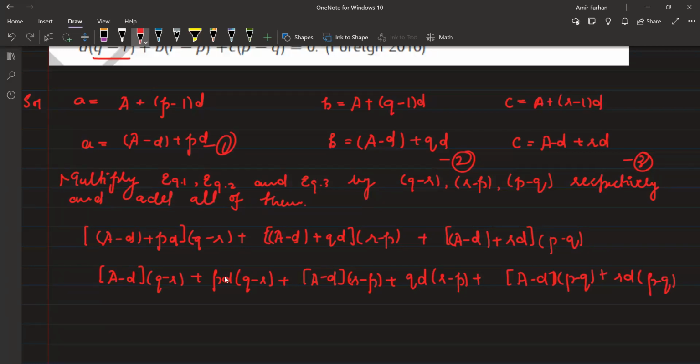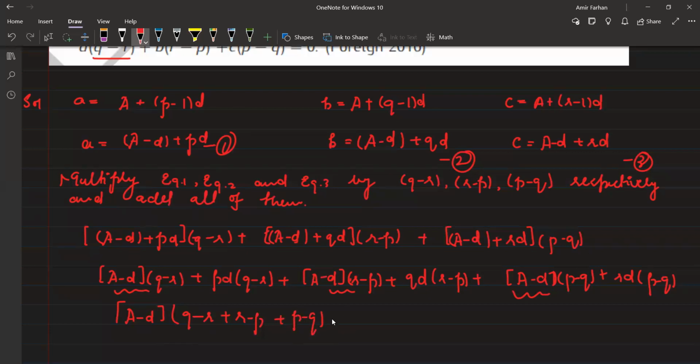So you can see in all these terms, I can take out common a minus d. So what will be left inside? q minus r plus r minus p plus p minus q.